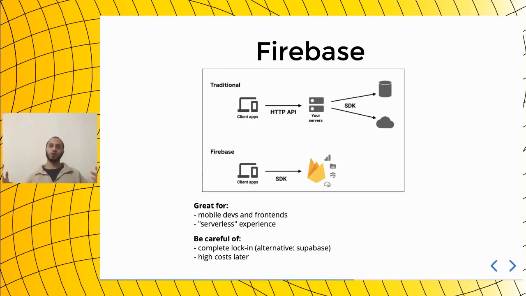And so essentially, you didn't really need a server, because if you had an application which only needed to store some data and fetch data, which is actually a large amount of services, then you could do that. It was quite hyped with mobile devs specifically, but it was also catered for other use cases, like the web. And it offered an actual serverless-like experience.